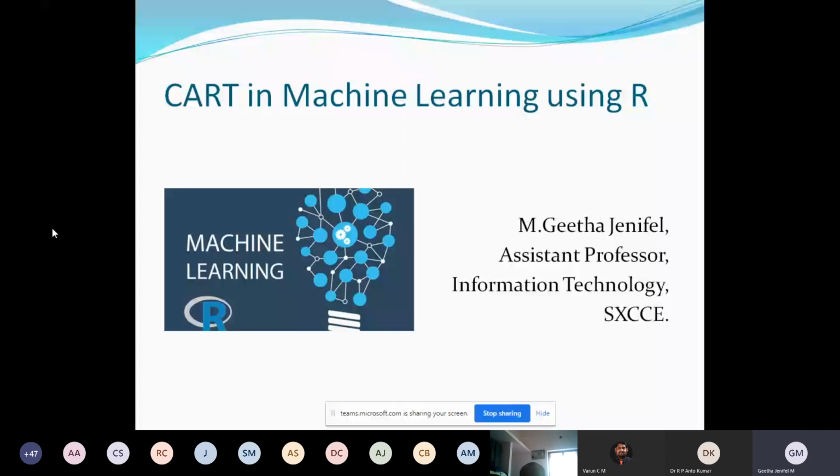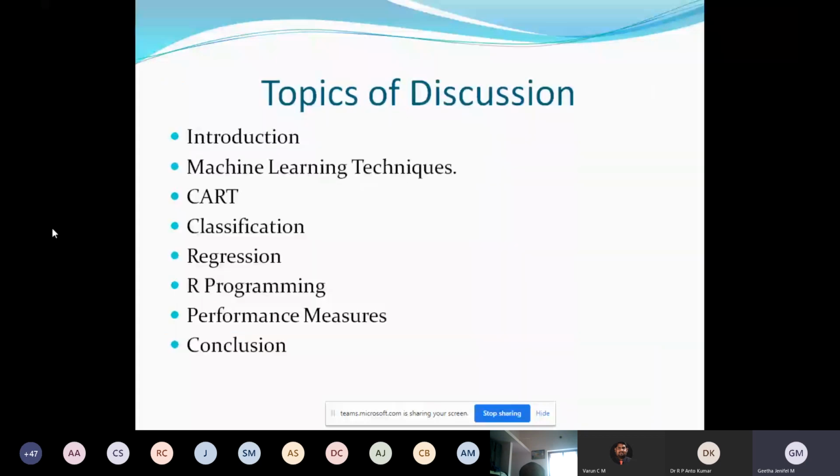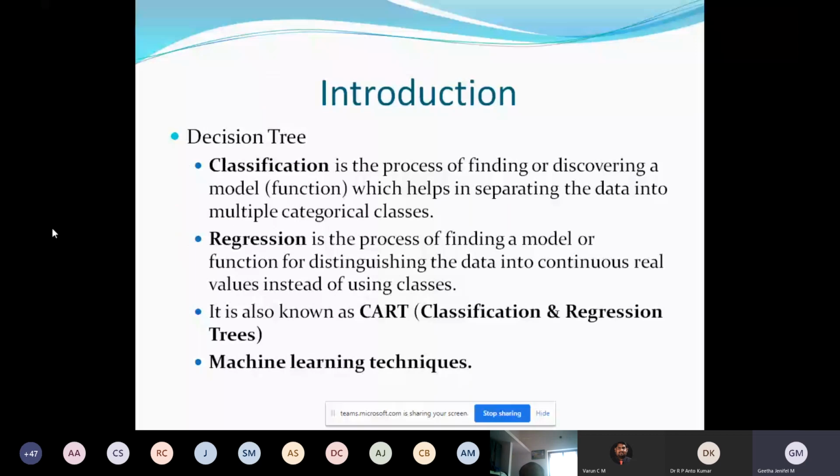So the topics of discussion are: introduction, some machine learning techniques, then CART, classification, regression, some basic concepts in R programming, performance measures, and finally conclusion. Here the decision tree is one of the supervised learning predictive models.